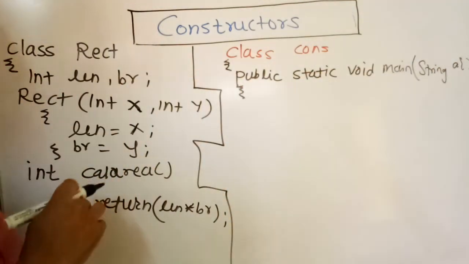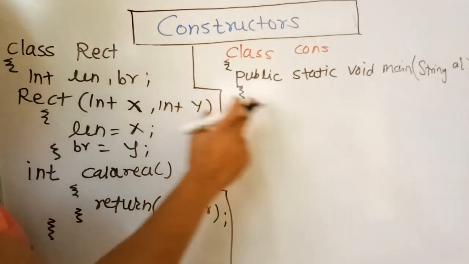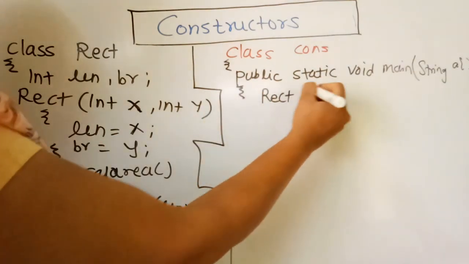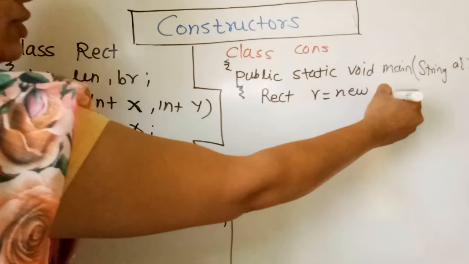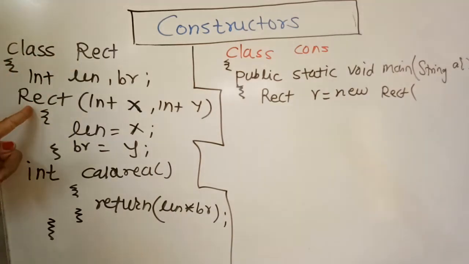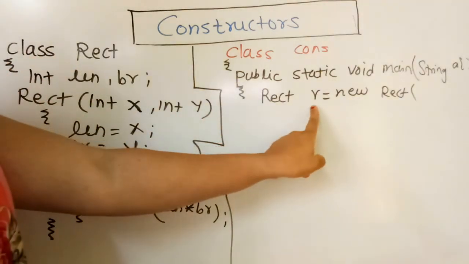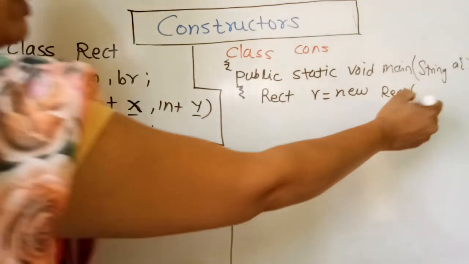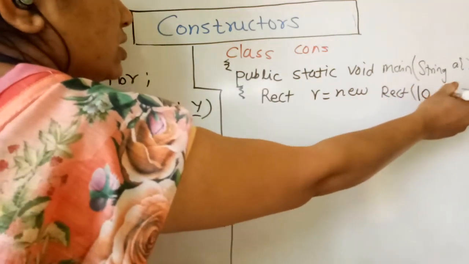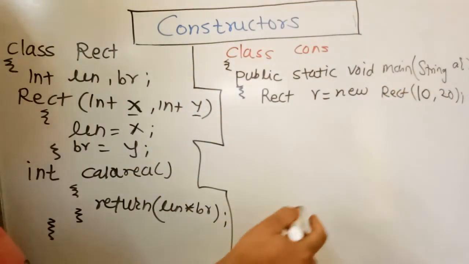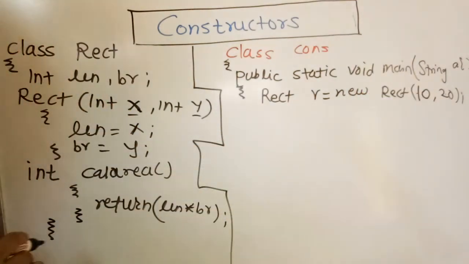Now, what is the first task? You have to create the object of this class. So I will create the object like Rectangle r = new Rectangle, and carefully see here, as the instance of the constructor is created with the initialization of the object, the parameters you are taking here you have to pass from this place. Suppose this is 10 and 20. Actually, these values you have to pass directly here. It is nothing but the constructor initialization.